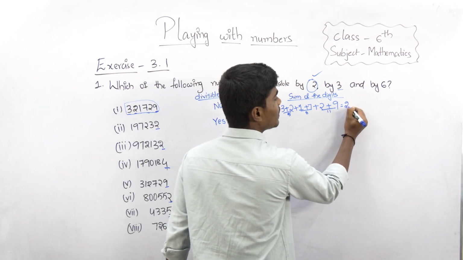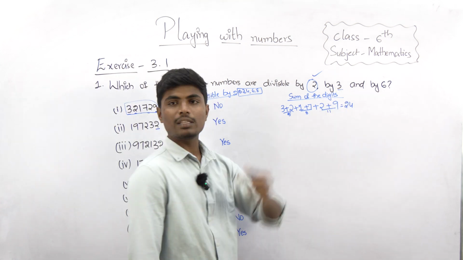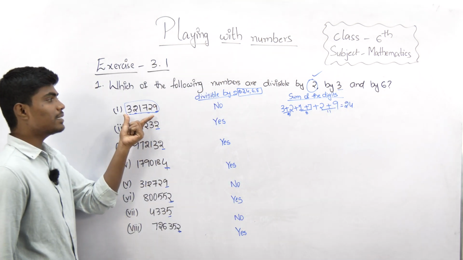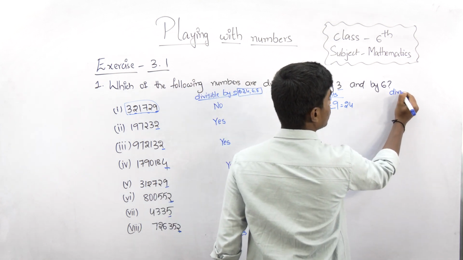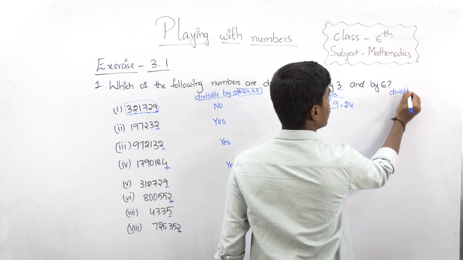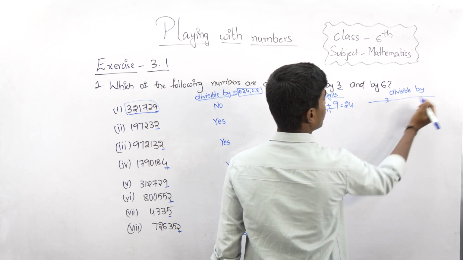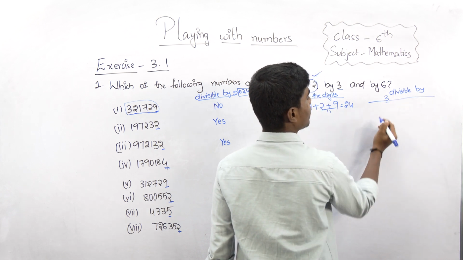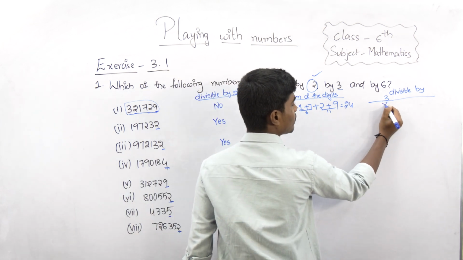So the sum of digits is 24. 24 is divisible by 3, so the first number is divisible by 3. Yes.